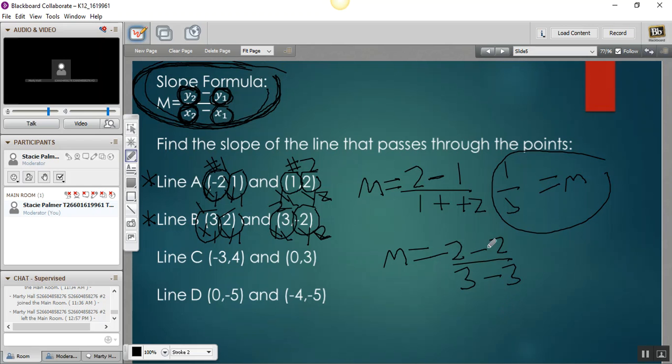So -2 minus 2 is -4. 3 minus 3 is 0. Now we're just going to simplify.